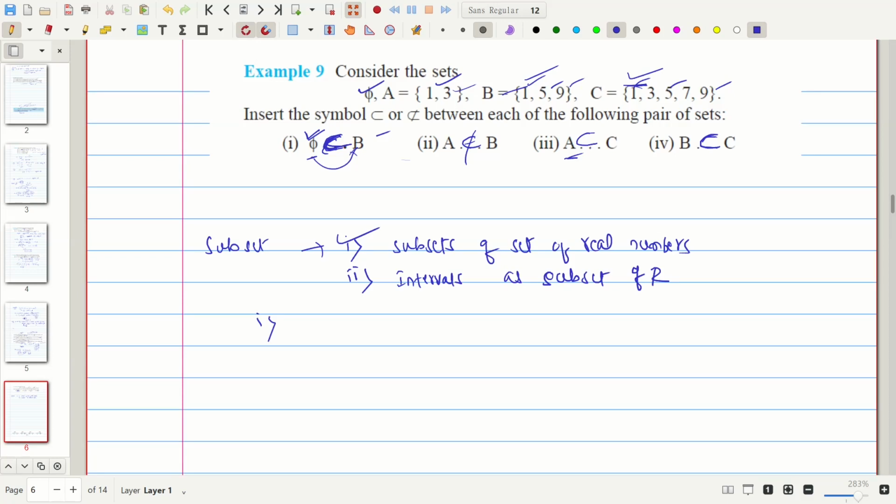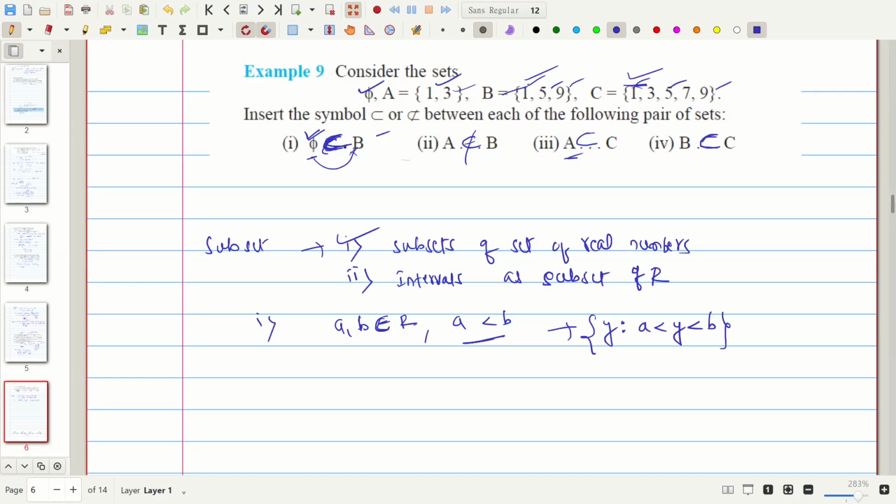Suppose I write two elements a and b belonging to the real numbers, where a is less than b. Then in set builder form we can write {y : y lies between a and b}.